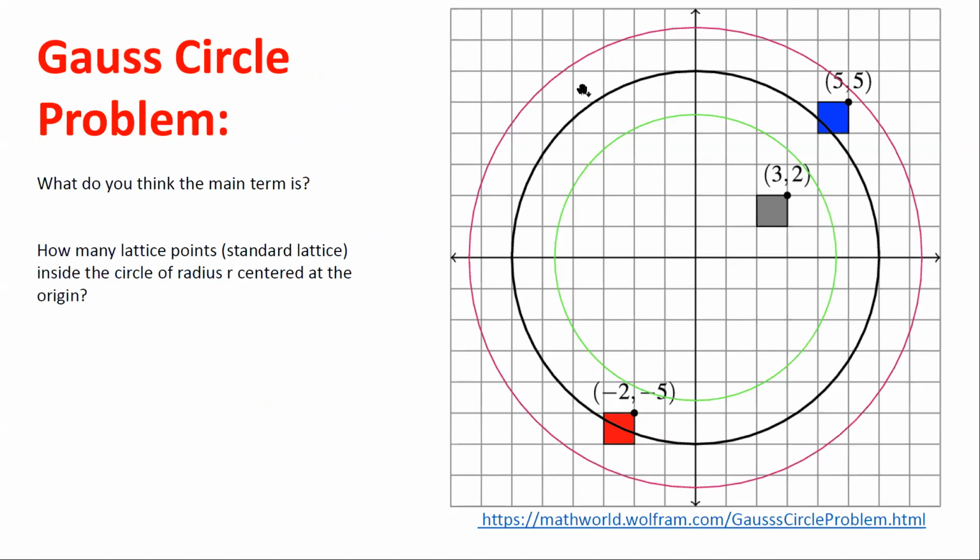So do we agree that we have a band of order r around the perimeter of our circle of radius r? And in that band, we're going to have some of these squares, and sometimes the lattice point is going to be inside, sometimes it's going to be outside. And if you want, call it a +1 if it's inside, and a -1 if it's outside.